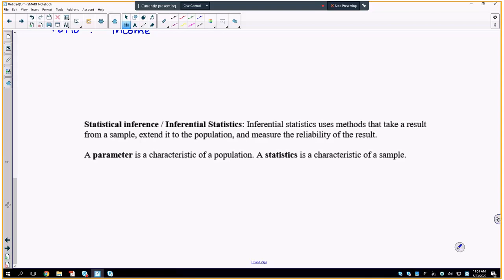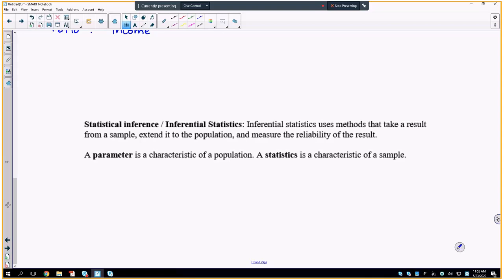We'll take a small sample, and then we will extend what we see in the sample and say, maybe that's true for everyone or everything, but we can't know for sure because we didn't take the measurements for everyone or everything. So then we want to measure how confident can we be, how reliable is this conclusion. So that's what we mean by statistical inference.